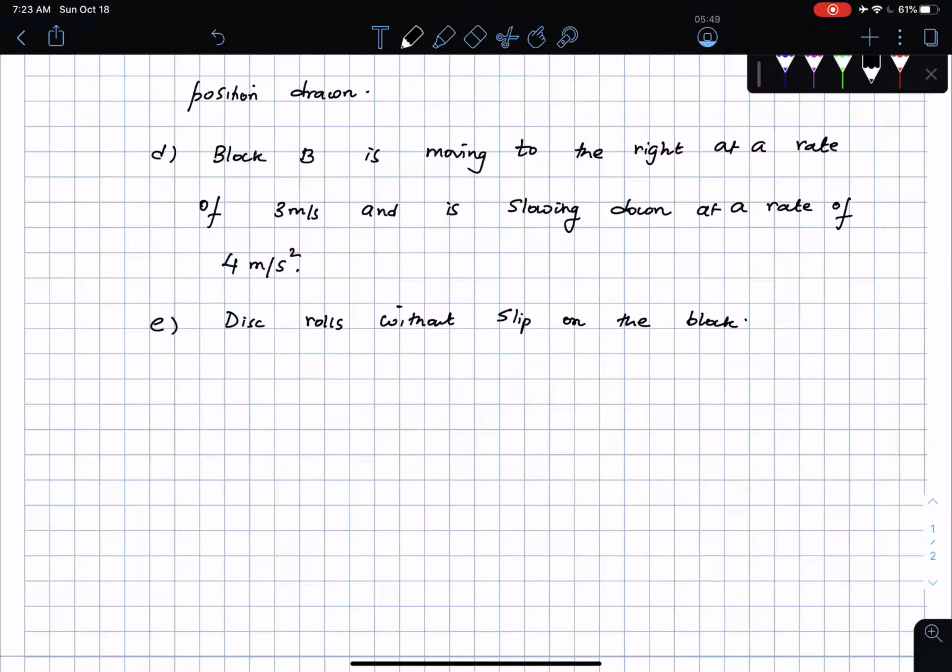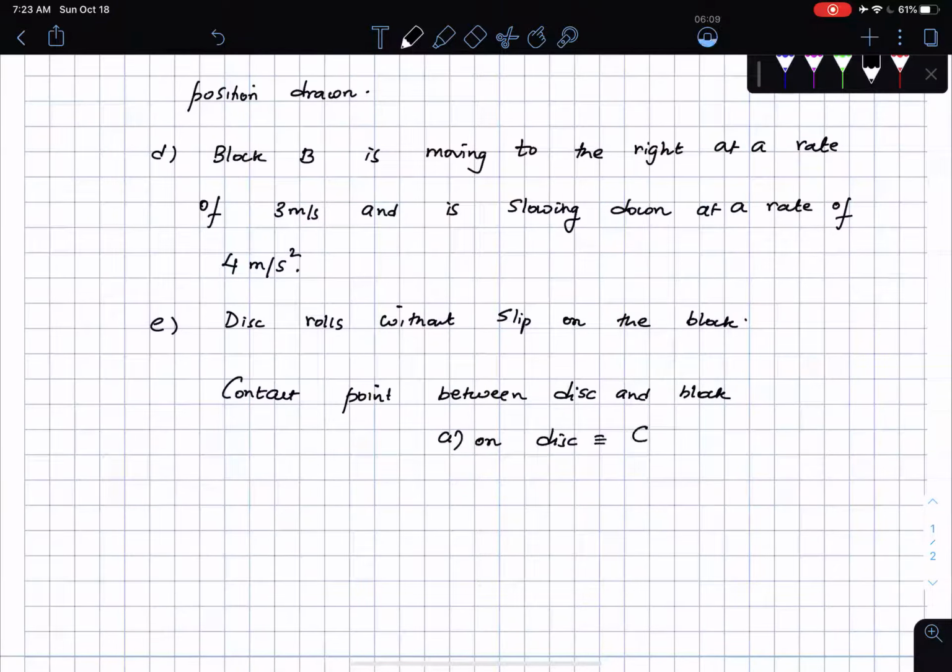Okay, so contact point between the disk and the block on the disk is labeled as point C. On the block I have labeled it as point B. I mean, I can just call it as anything on the block because all the points on the block have the same velocity and acceleration.